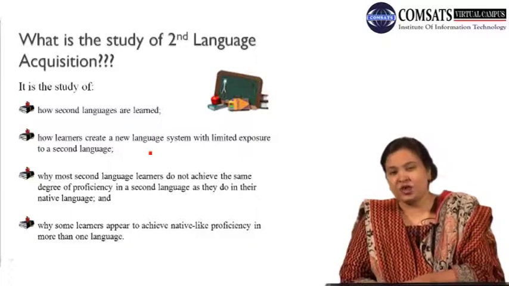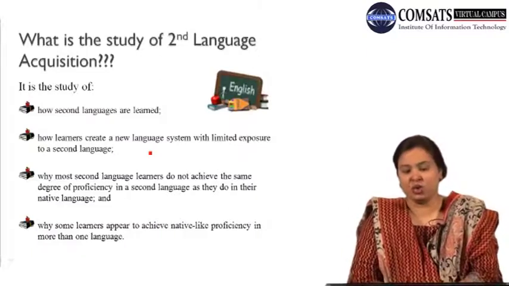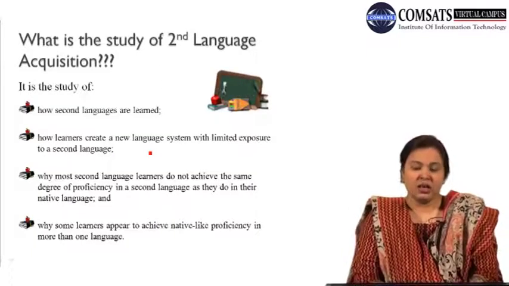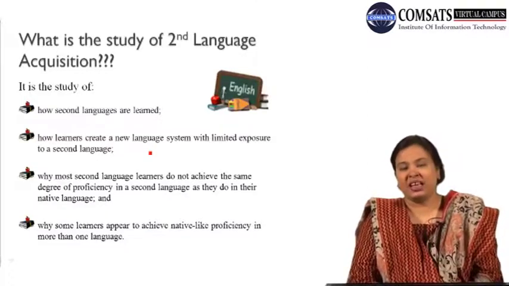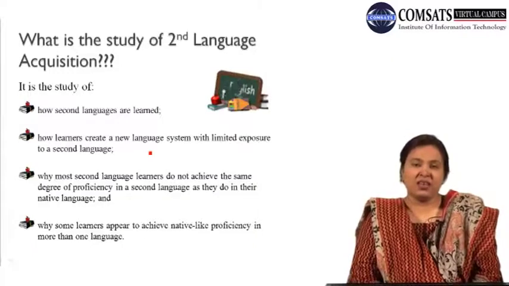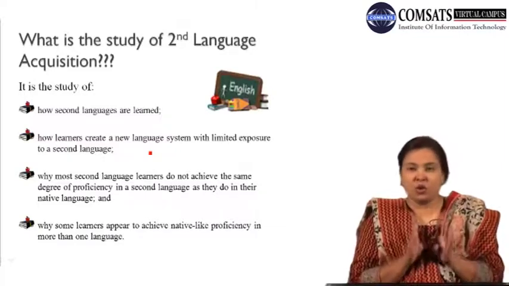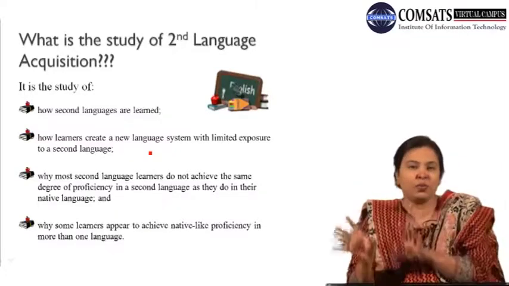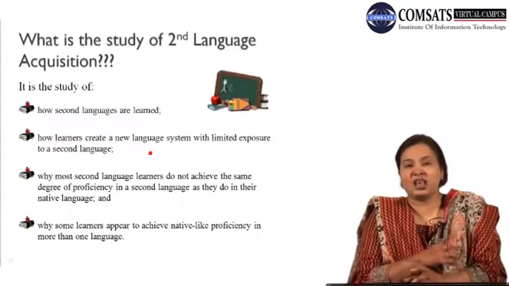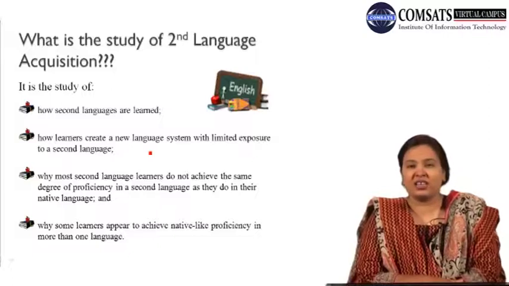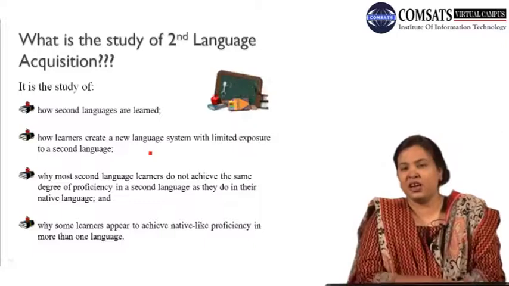Finally, in the study of second language acquisition, we study why some learners appear to achieve native-like proficiency in more than one language. Now another thing: it has been observed that when students are exposed to a second language, as I told you, the majority of them fail to get that much proficiency. But still there are certain cases where children are exceptionally good learners of that second language, and they speak it the way they speak their native language.